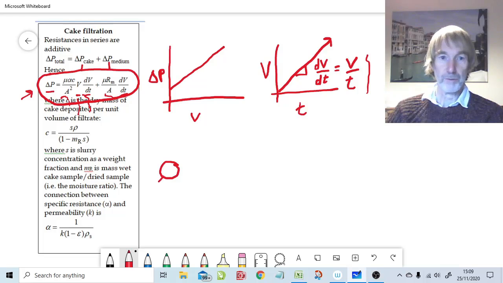I mean, if we have a pump, let's say a progressing cavity pump, I'll just call it PC. So we have a feed coming into the pump, we have the discharge from the pump, it's not a centrifugal, it's a progressing cavity, and we were to feed a filter press, for example.